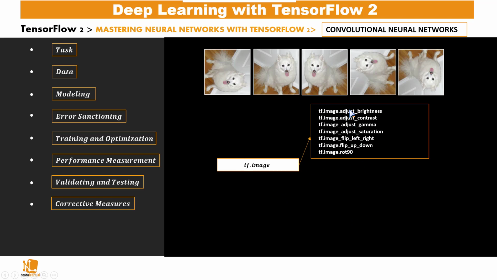So we'll be able to do stuff like adjusting brightness, contrast, gamma adjustments, saturation adjustment, flipping left right, flipping up down, and rotation. Using tf.image is known to be a more flexible way of implementing data augmentation, as we could alter an input image with all these different functions given to us.